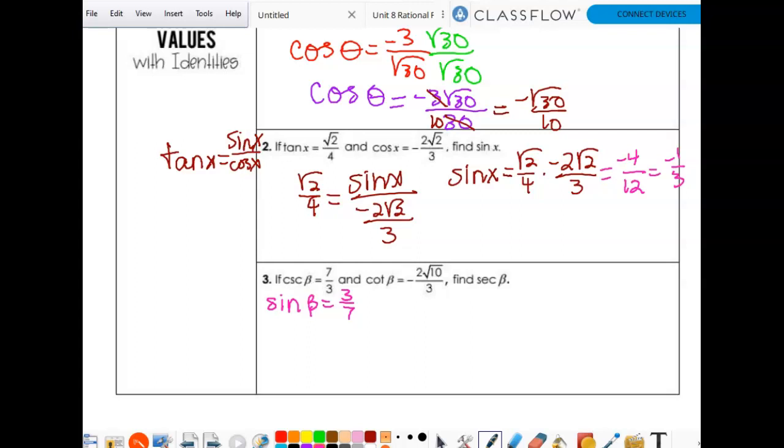So my cotangent is going to equal cosine over sine. So my cotangent is negative 2 square root of 10 over 3, and it equals cosine, well, I don't have cosine, over sine. So y'all, the cosine isn't the secant. But what's true about cosine and secant?